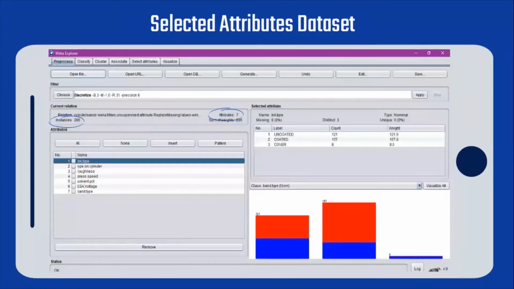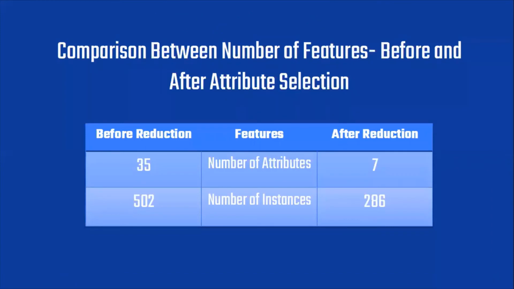So after attribute selection, all the attributes left are 6 plus one class attribute, which is band type, and the total attributes left is 7.